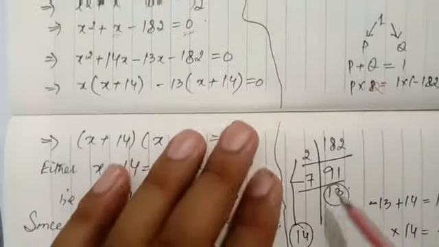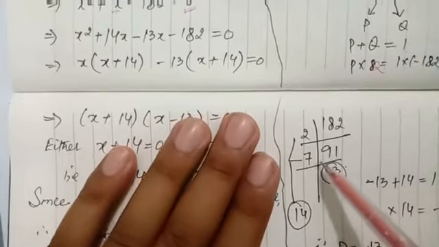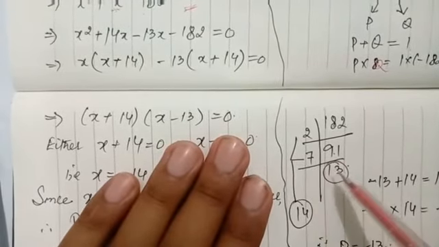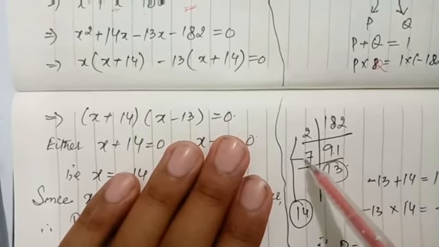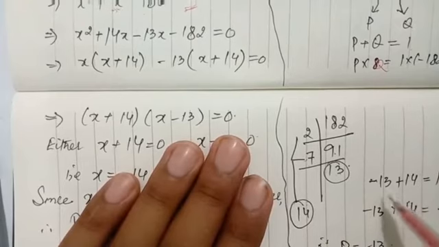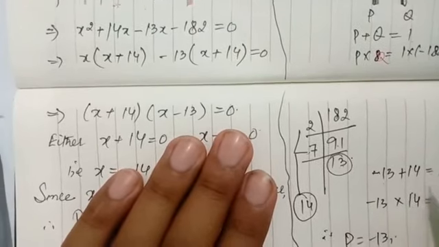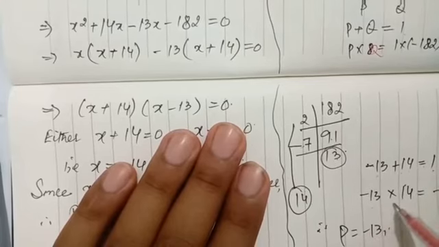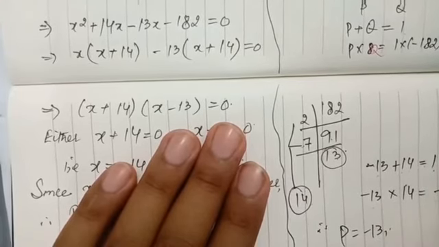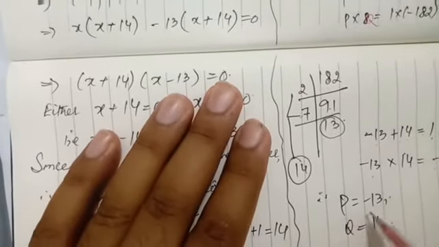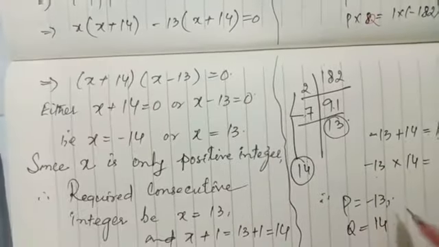Now look at the prime factorization of 182. First I divide by 2, I get 91. Then I divide by 7, I get quotient 13. 2 into 7 is 14, and 13. See here, minus 13 plus 14 is equal to 1, that's what I need, and minus 13 into 14 is equal to minus 182. So here p is minus 13 and q is 14.